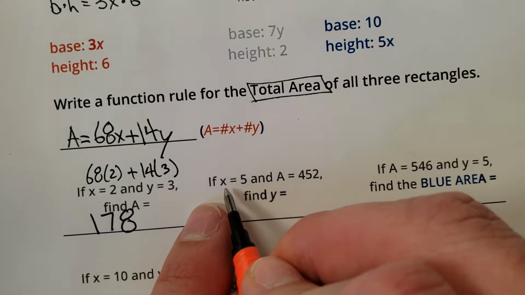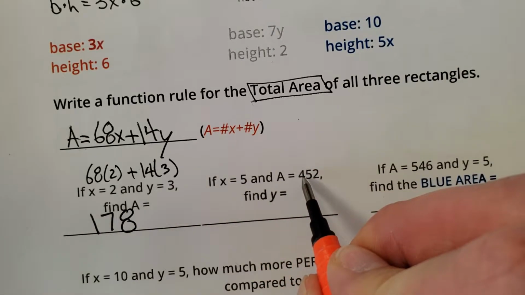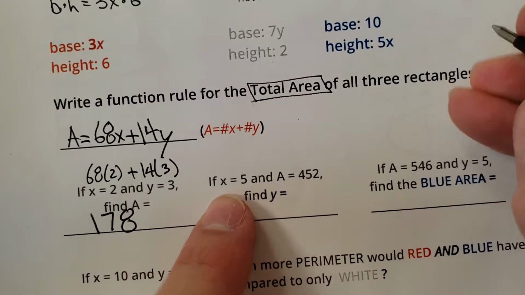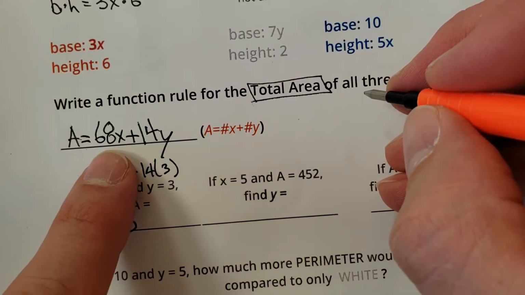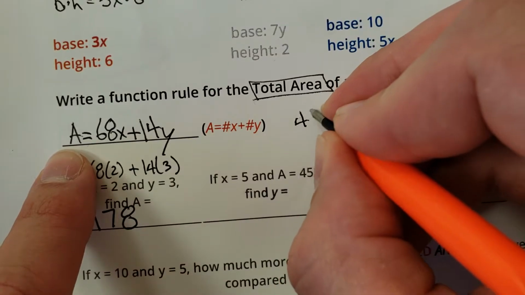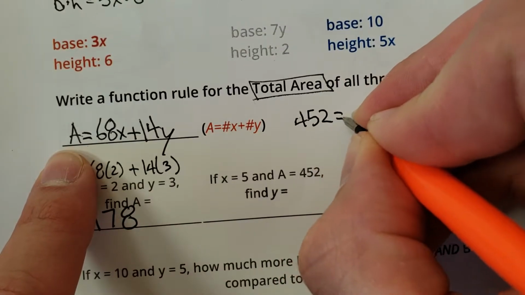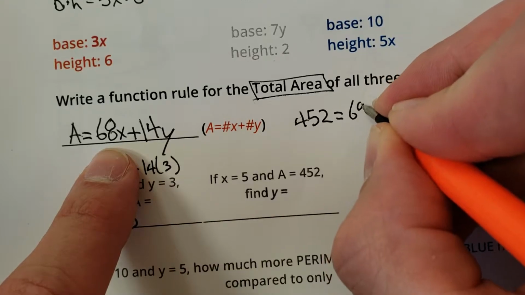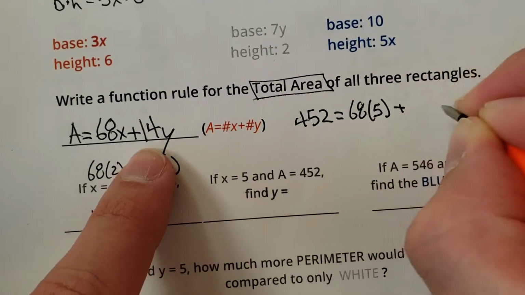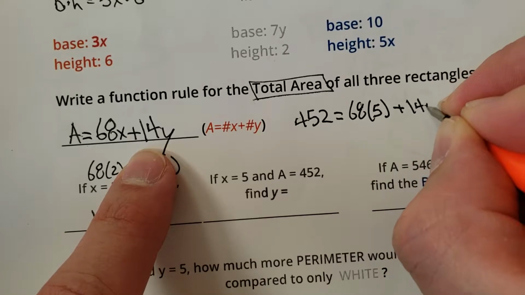It says, if x equals 5 and A equals 452, find y. Ooh, what? Well, let's just use the function. So A, 452 equals 68 times 5 plus 14y.